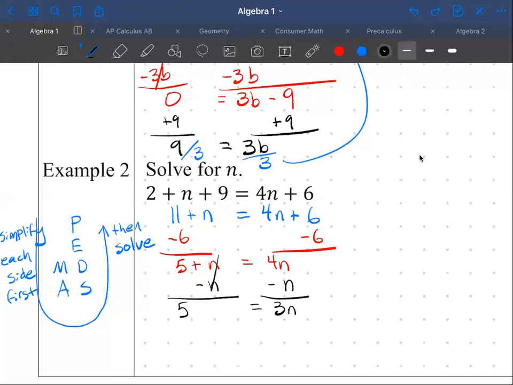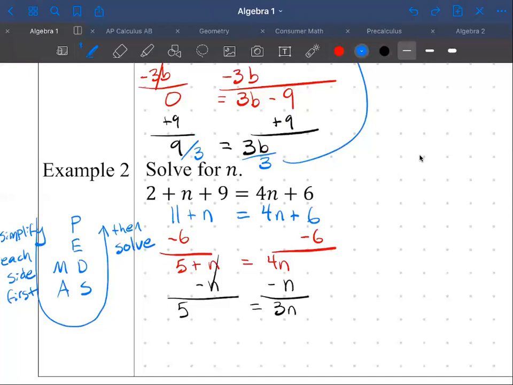Okay, and finally, the last step, what are we gonna do? Divide. Yeah, Jose, what are we gonna do? We can divide both sides. Yep.